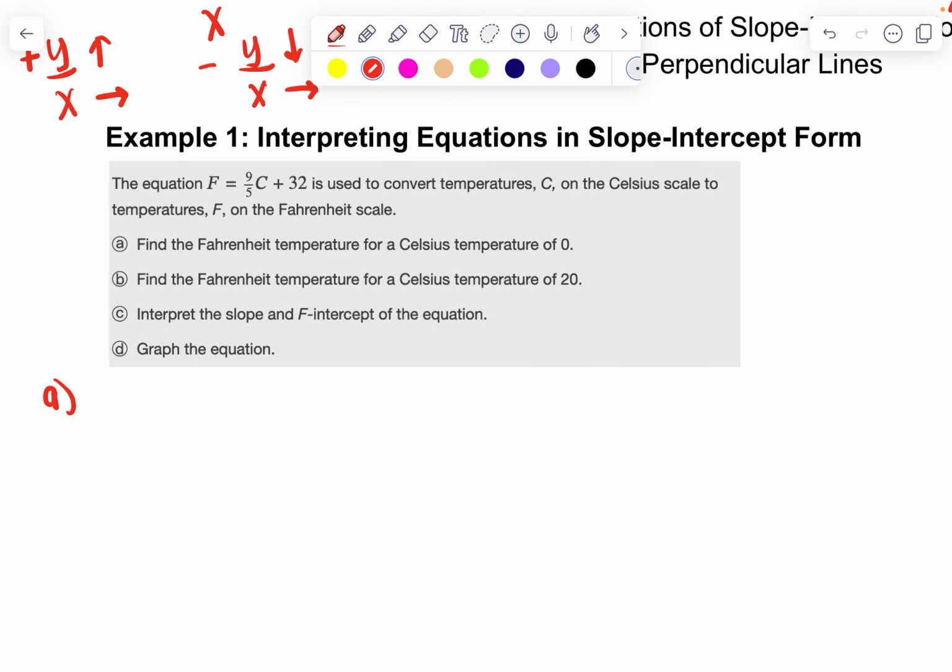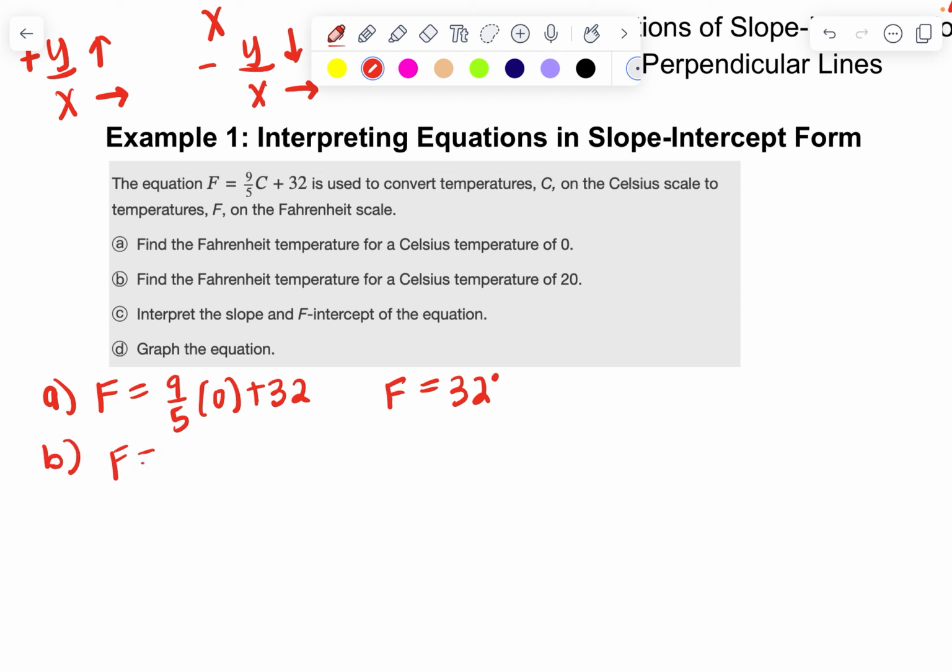So part A, if Celsius is 0, then Fahrenheit is 9/5 times 0 plus 32, which means the Fahrenheit is 32. So when Celsius is 0 degrees, Fahrenheit is 32 degrees. That's that conversion.